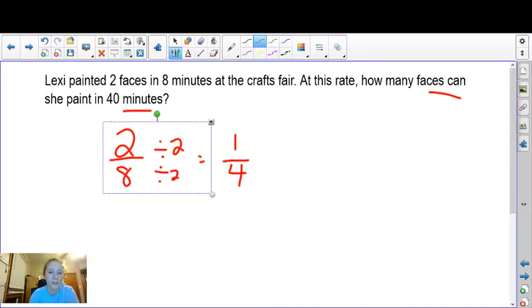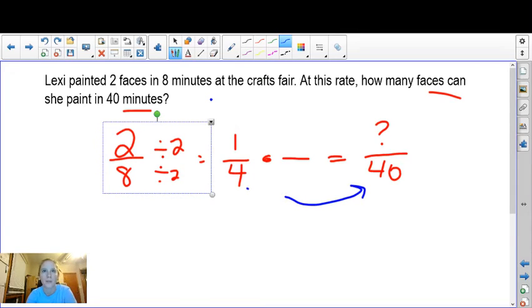Next, I want to know how many she can paint in 40 minutes, and that's going to be a multiplier, so I want to do something times 1/4 is going to be equal to 40 over my question mark. All right, well, let's be smart, logical thinking human beings here. 4 times what number gave me 40?